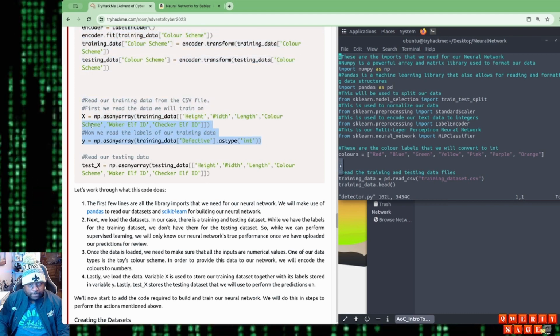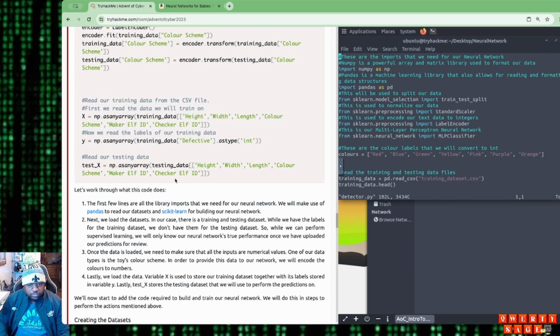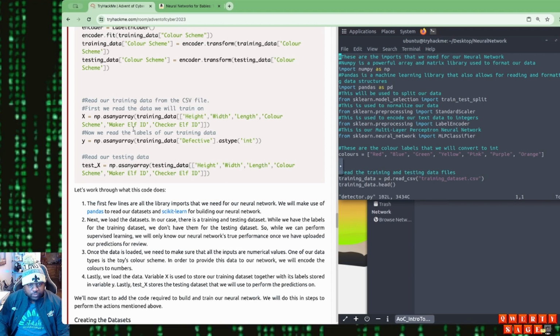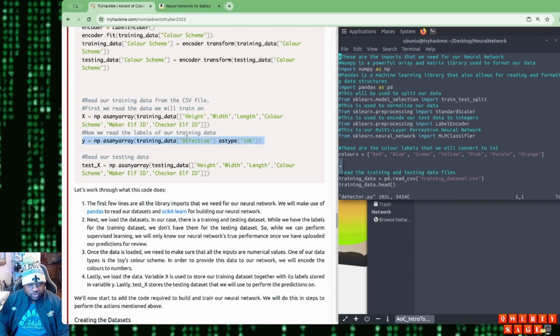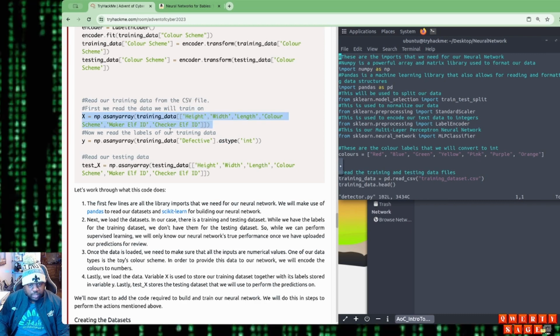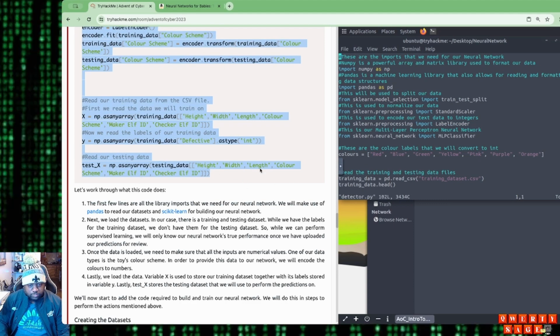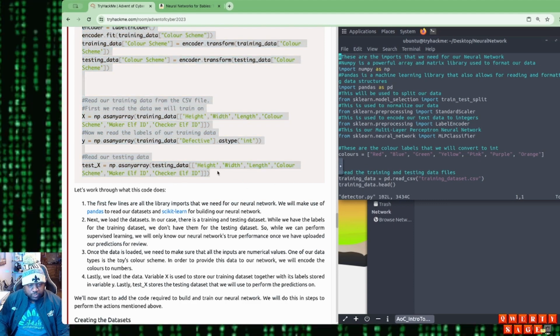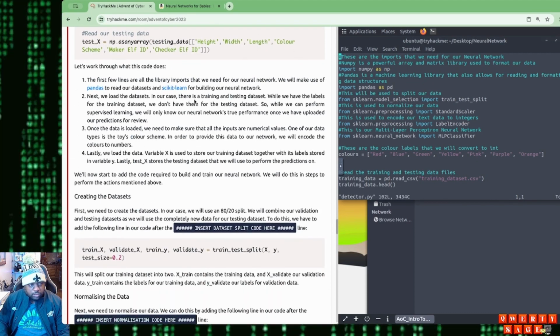So it's going to be one for the, making a variable for the defective stuff, but then we're making one just for the data. And for the testing, we're just making an array for the data.